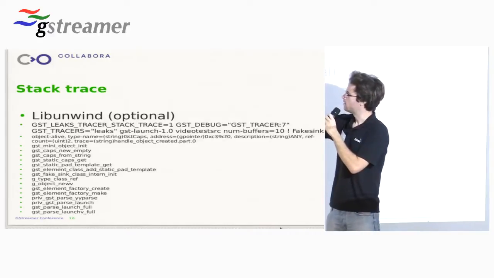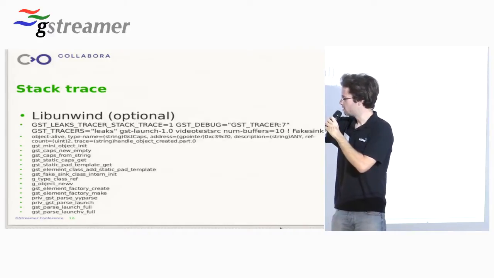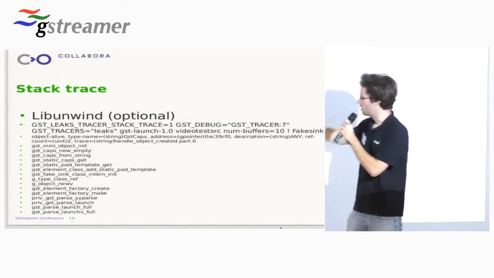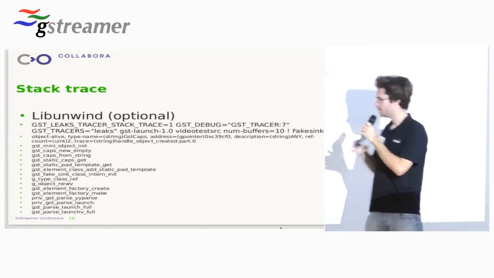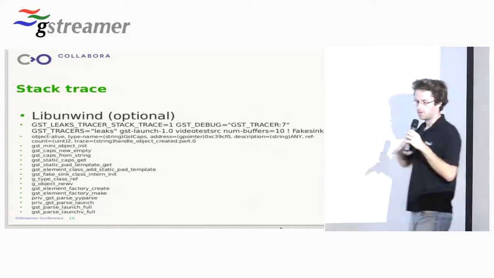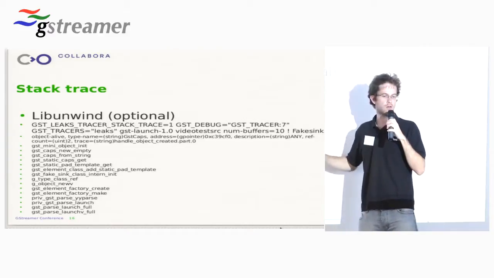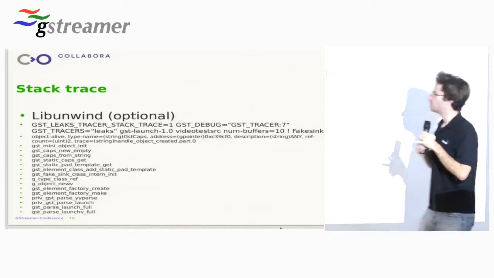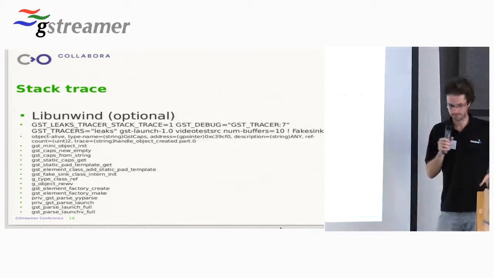The top one is when the object is being initialized, and here you can see it's somewhere related to template caps. So that really helps you to see what's going on, and you get pretty much the same information that Valgrind would give you, which is always useful.